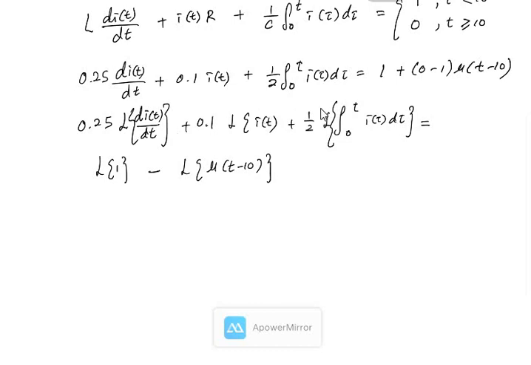For this side we can use the transform of integral.